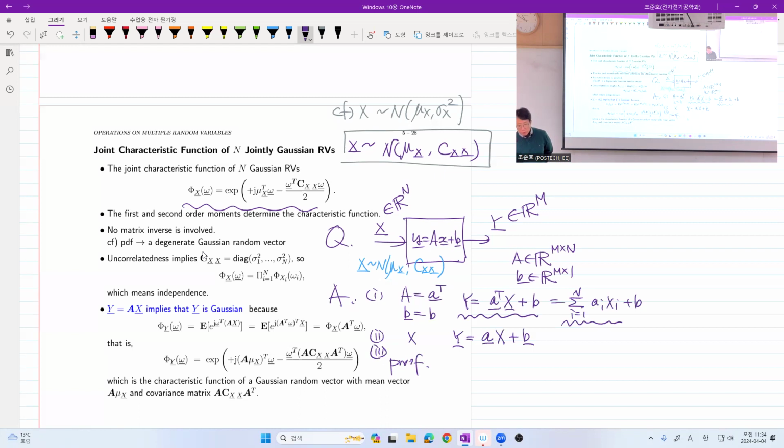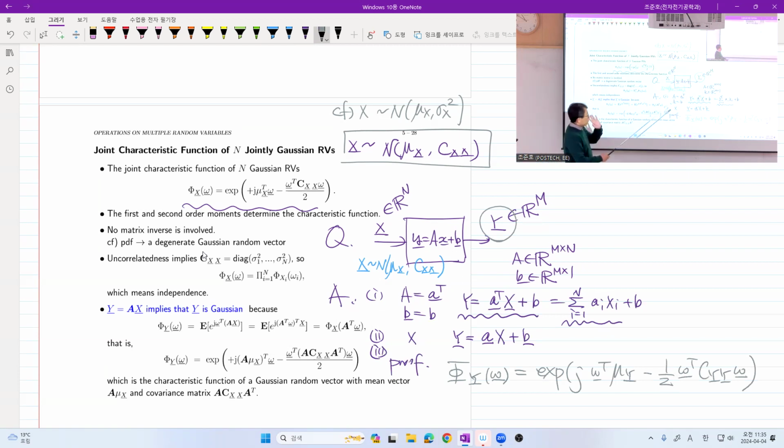In order to prove the output y is also Gaussian, we just consider the output characteristic function. Okay? So if the output is Gaussian as I claimed, the characteristic function must be in this form with some unknown mean vector of y and some unknown covariance matrix of y, right?